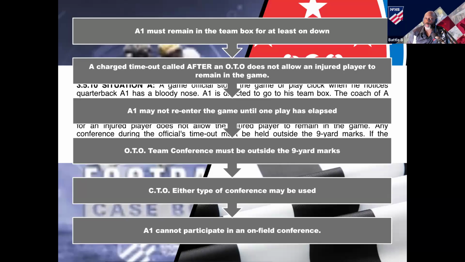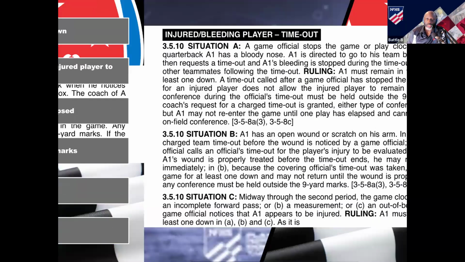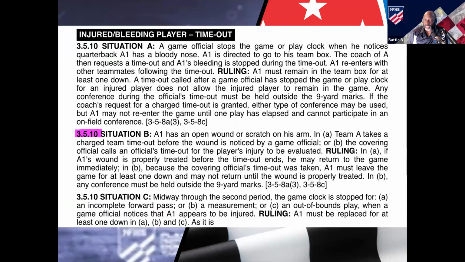However, this is why it's so important to get into the case book. Because now we're going to look at another situation in 3-5-10. Situation B. A1 has an open wound or a scratch on his arm. In A, Team A takes a charge timeout before the wound is noticed by a game official.